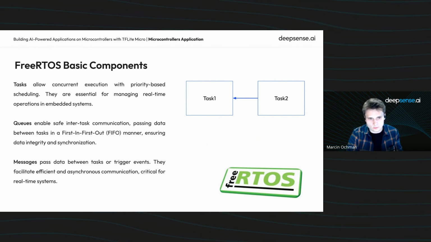Task 2 places a message in the queue, and task 1 retrieves it when needed. This mechanism ensures that the synchronization happens without blocking execution.